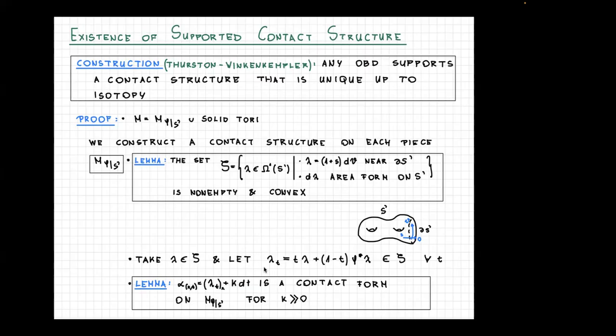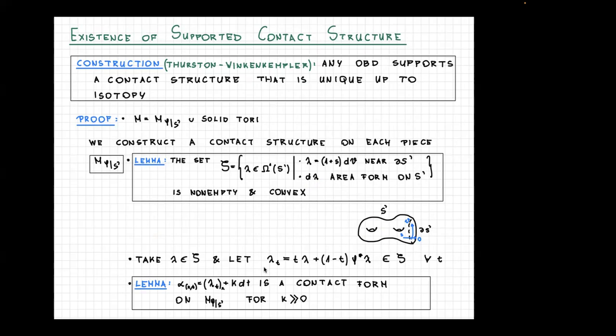Then you take the one form lambda. Sorry, what I wanted to say is that d lambda is an area form, not the whole lambda. If you have heard these things, this is like a Liouville form on the page.